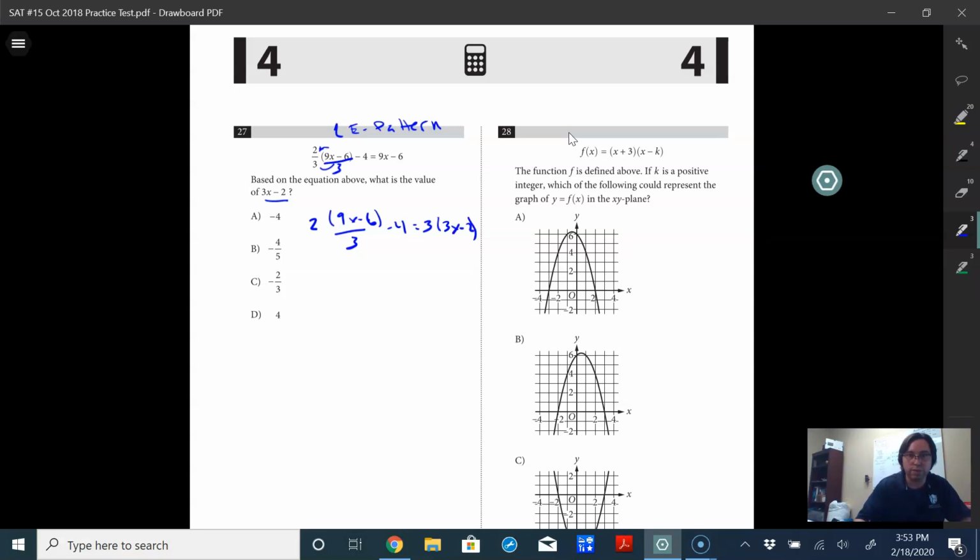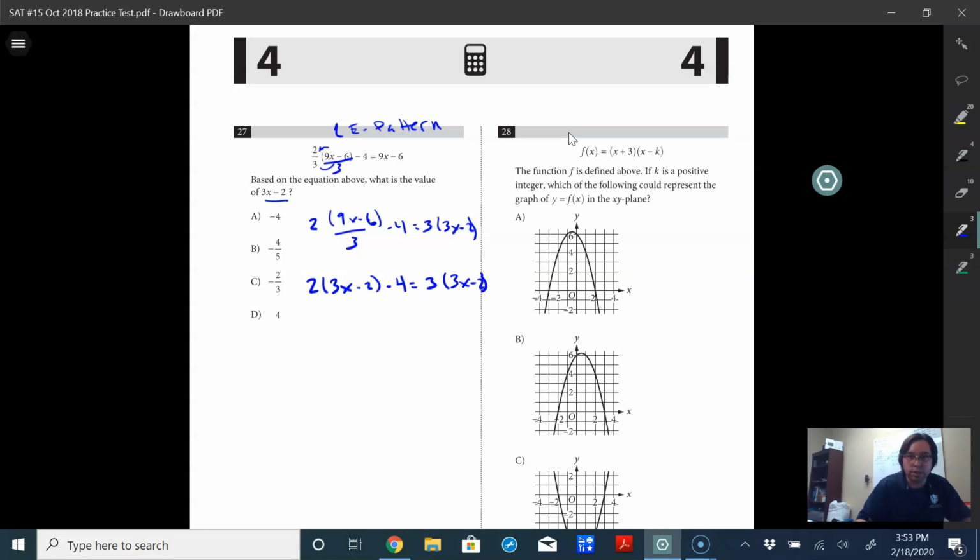And so now this is going to give us 2 times 3x minus 2, which resembles what we're trying to get here, minus 4 equals 3 times 3x minus 2.